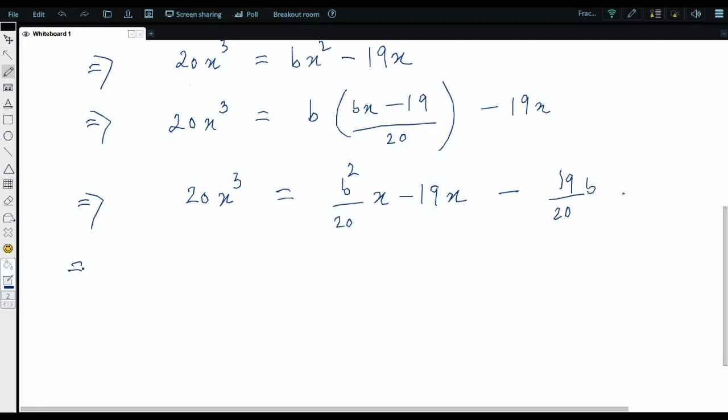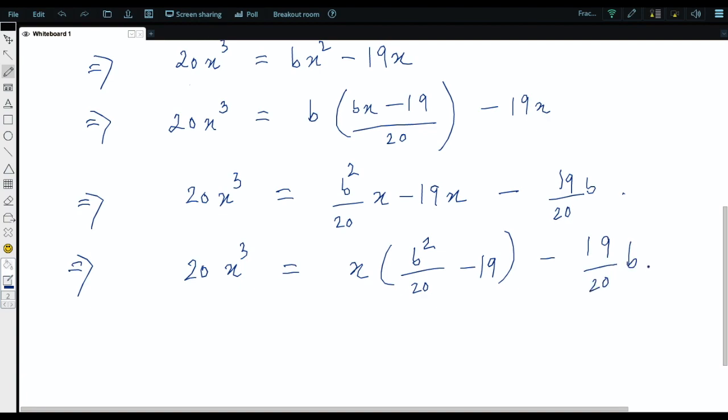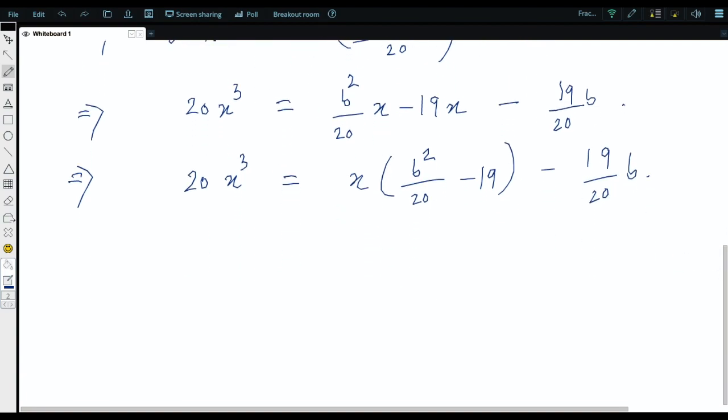As you can see, b is rational and 19 by 20 is also rational. So 20x cubed, if we take this x common, we get b squared by 20 minus 19. So you notice that b squared by 20 is rational, and so minus 19, the whole thing is rational.